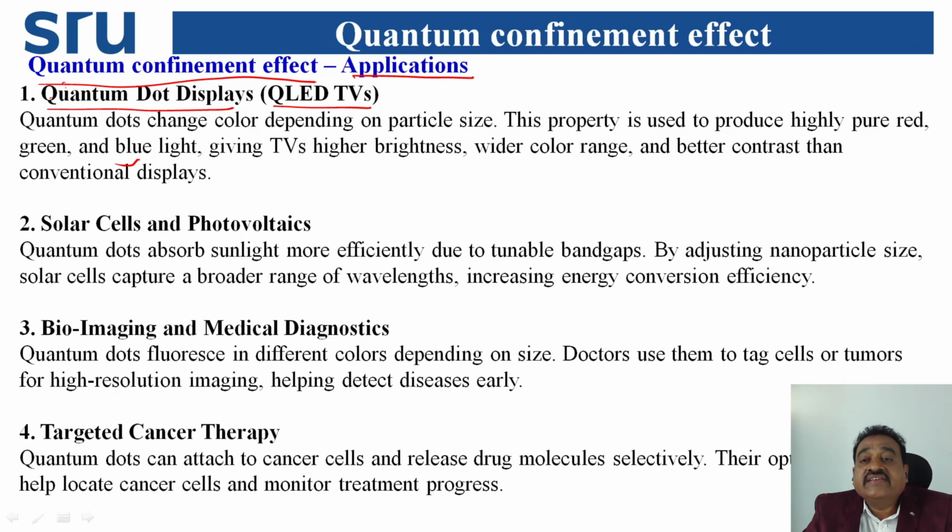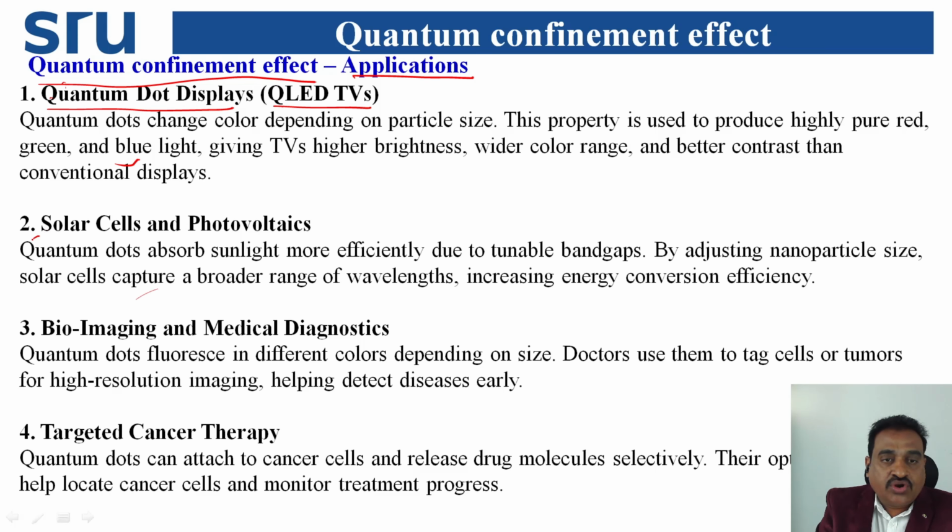This property is used to produce highly pure red, green, and blue light, giving TVs higher brightness, wider color range, and better contrast than conventional displays.